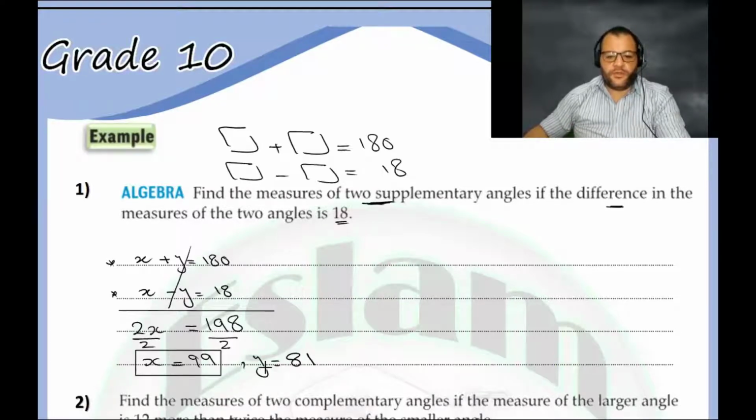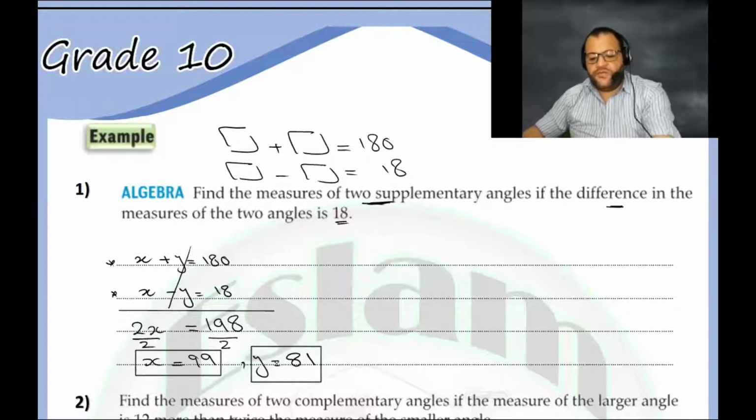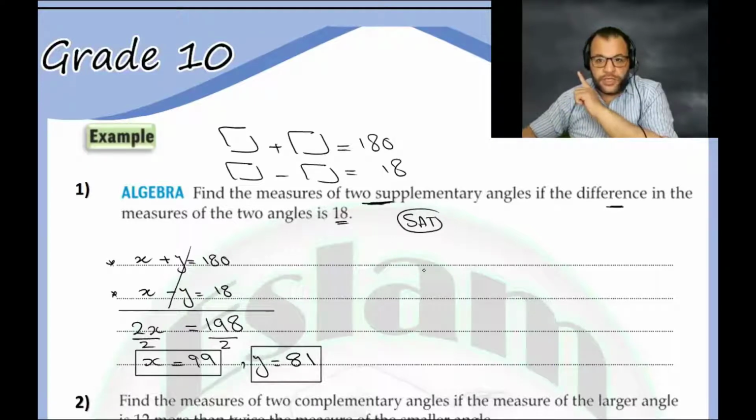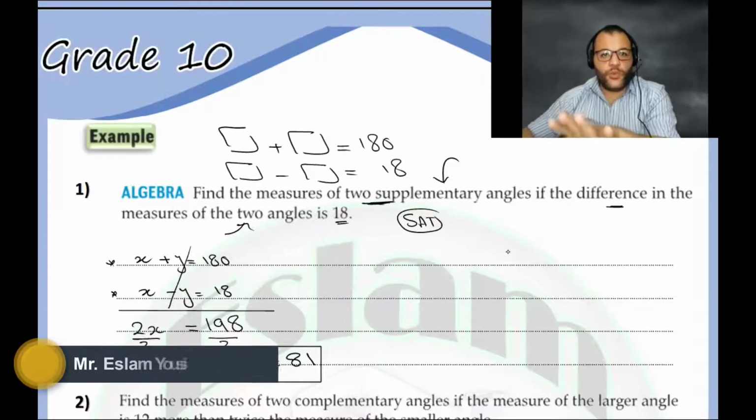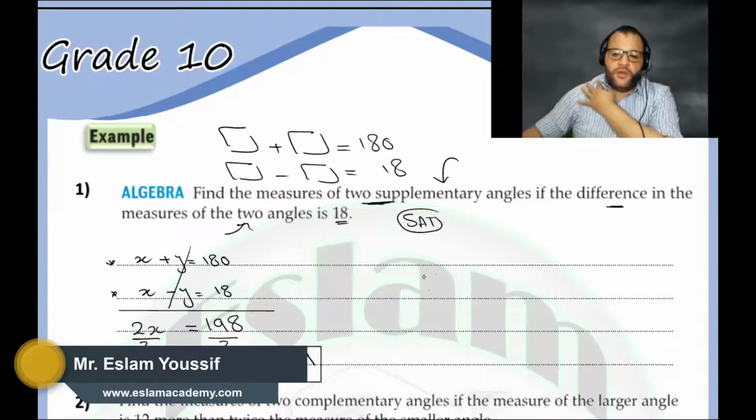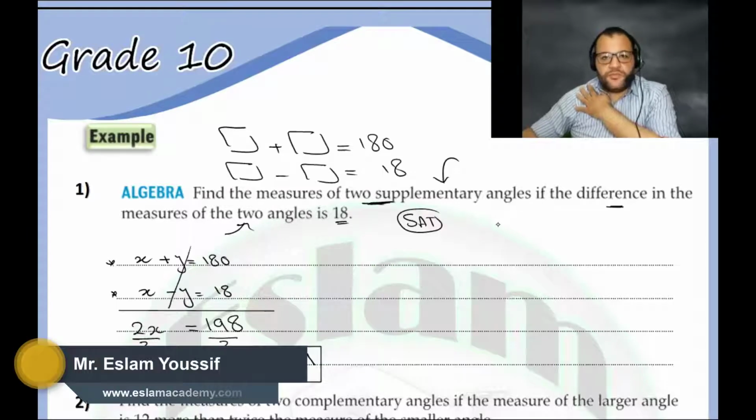There is one way of solving for the SAT. This way works only if you have the sum and the difference of any two numbers. At the first, what is the sum?